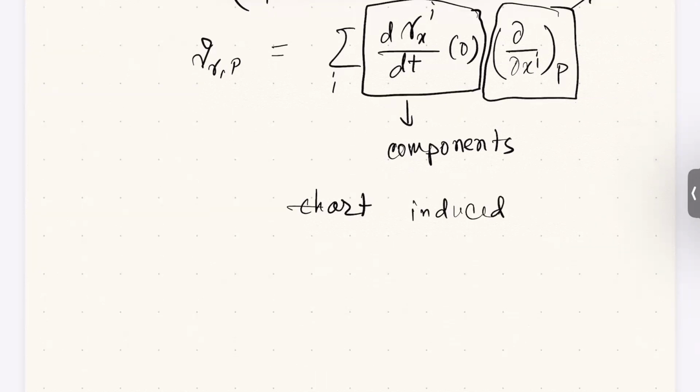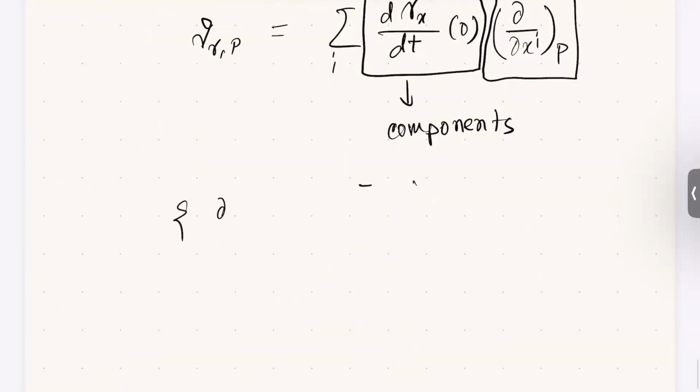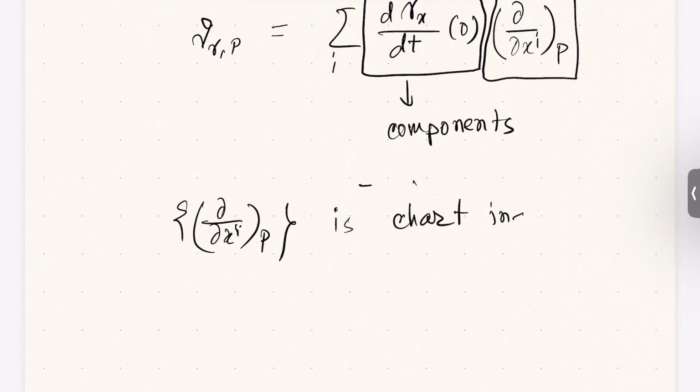So this del xi at the point p is a chart induced basis.